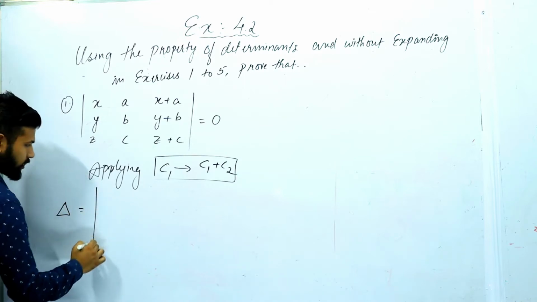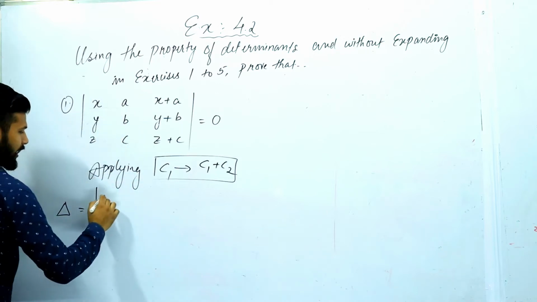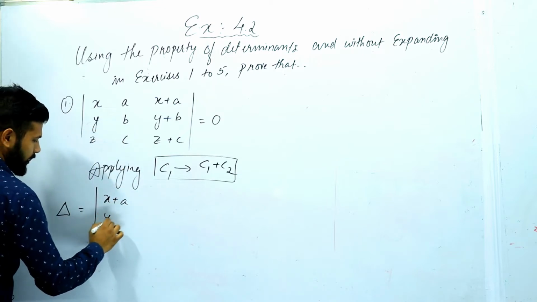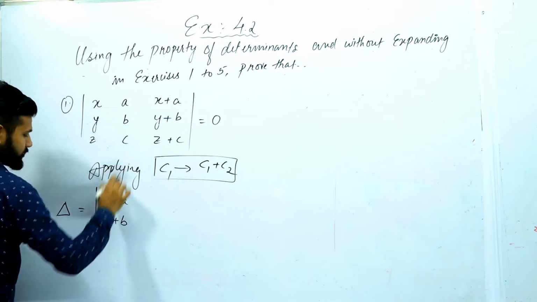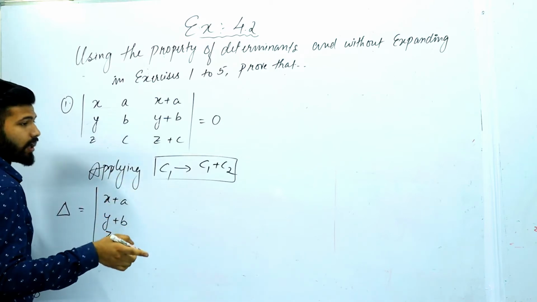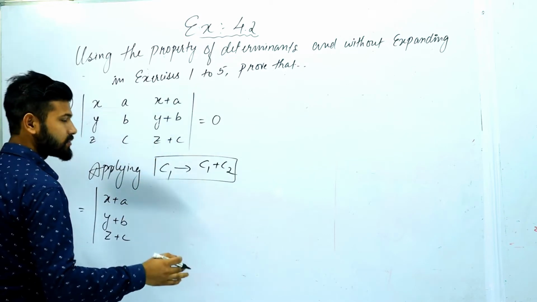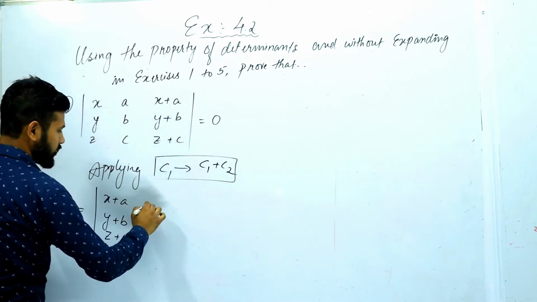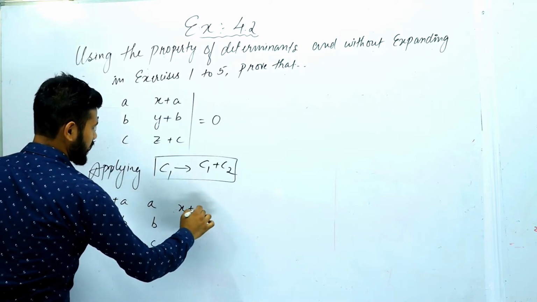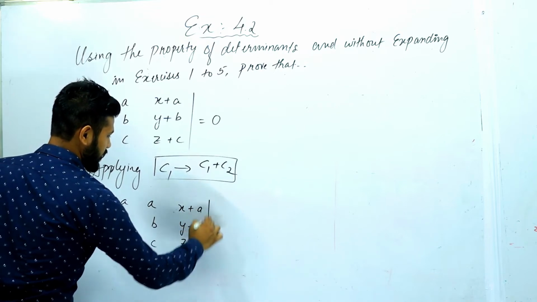Delta is equal to column 1 plus column 2: x plus a, y plus b, z plus c. As no property is used in column 2 and column 3, they remain the same as in the above case: a, b, c and x plus a, y plus b and z plus c.